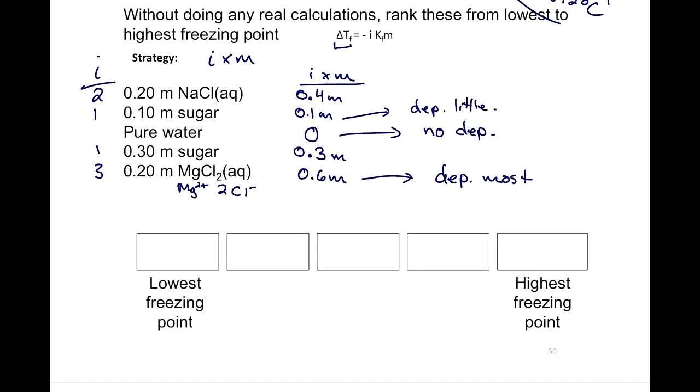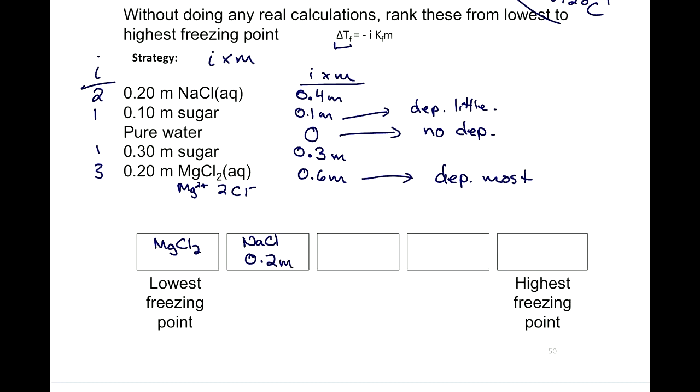All right, let's rank these where the lowest freezing point is the magnesium chloride solution. What's second lowest? The NaCl solution, the 0.2 molality NaCl solution.